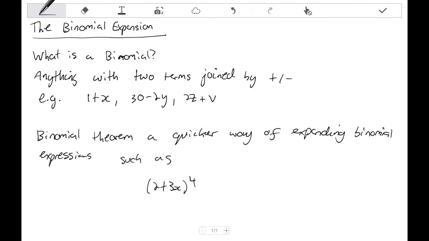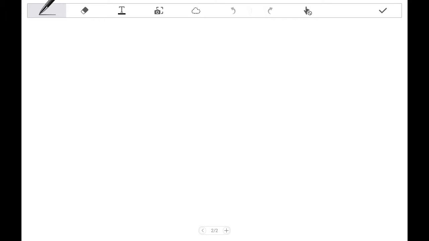It's a quicker way of doing that. Obviously you could multiply out the brackets and you would get to the same answer, but it's going to take a lot longer than if you used the binomial expansion or binomial theory.